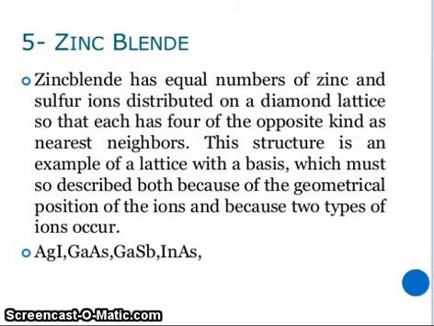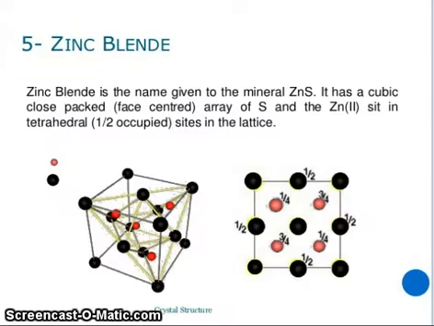This structure is an example of a lattice with a basis which must be described both because of the geometrical positions of the ions and because two types of ions occur: silver iodide, gallium arsenide, gallium tin, antimony and indium arsenide. So zinc blende is the name given to the mineral zinc sulfide. It has a cubic close packed face centered array of sulfur and zinc sits in tetrahedral sites in the lattice, half occupied.